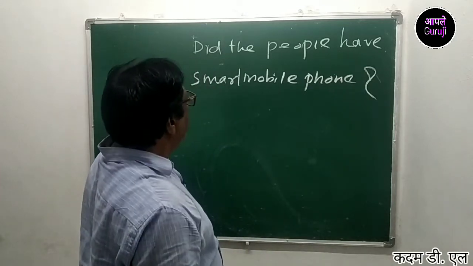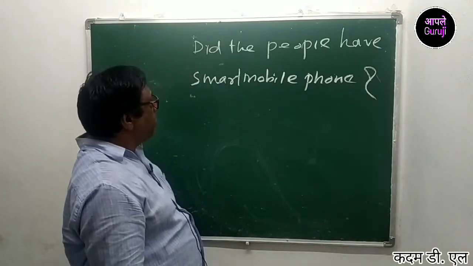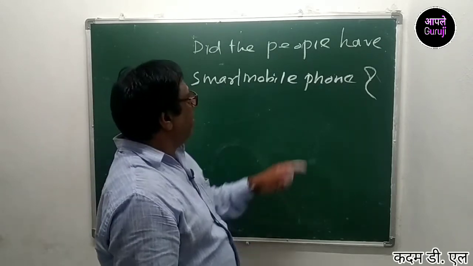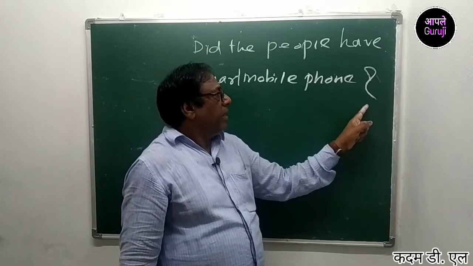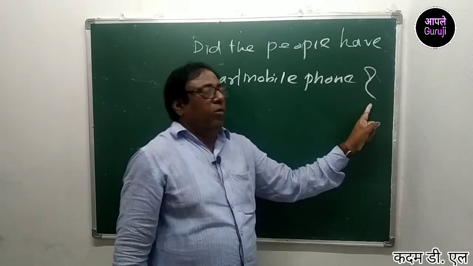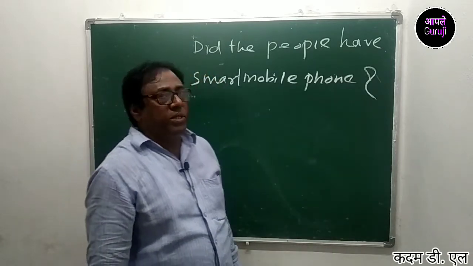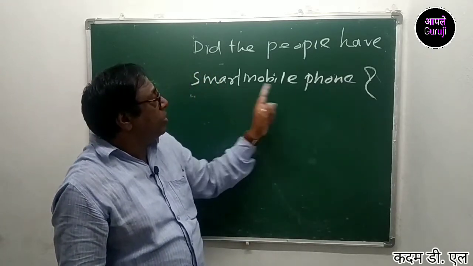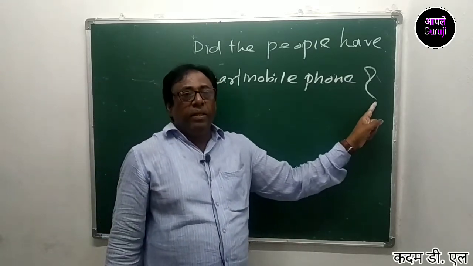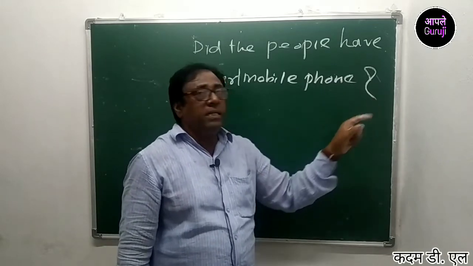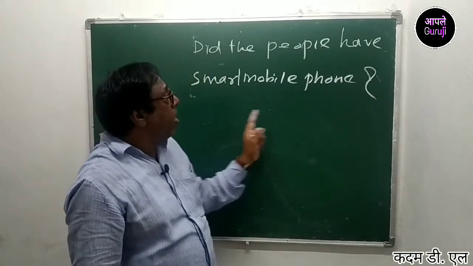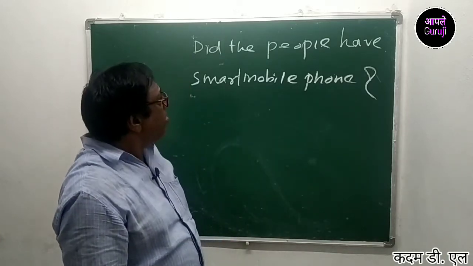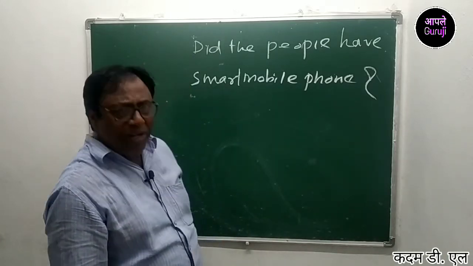Did the people have the smart mobile phone? Why? It comes time to ask such type of question to the teachers. The headmaster will ask each of the class teachers, have the people smart mobile phone?